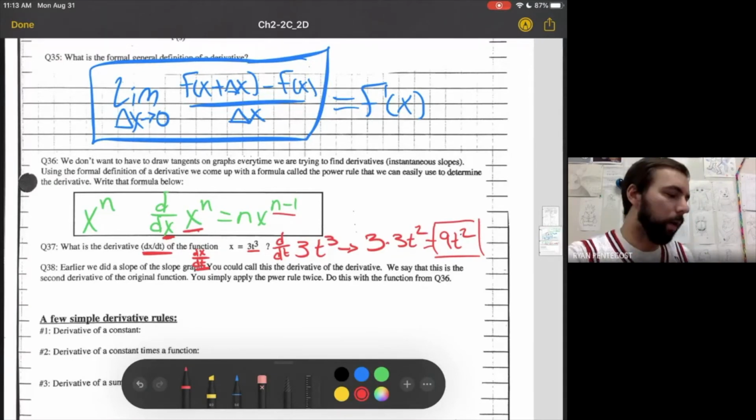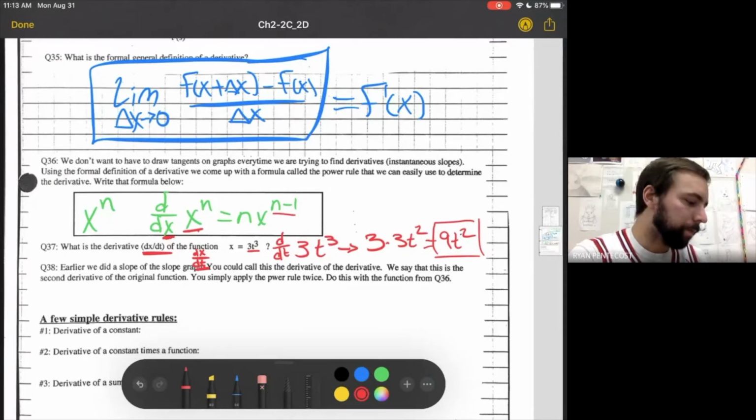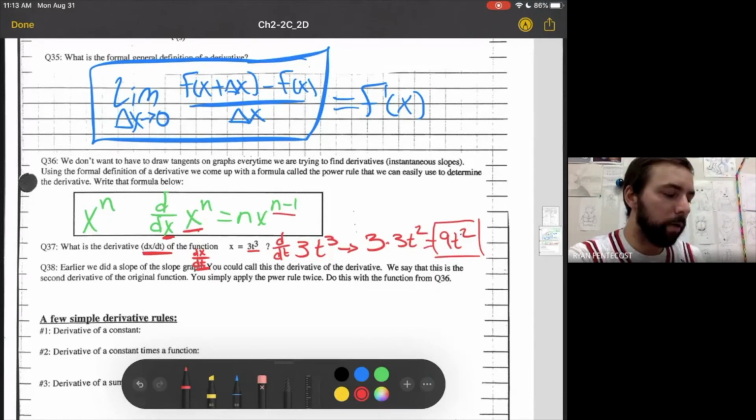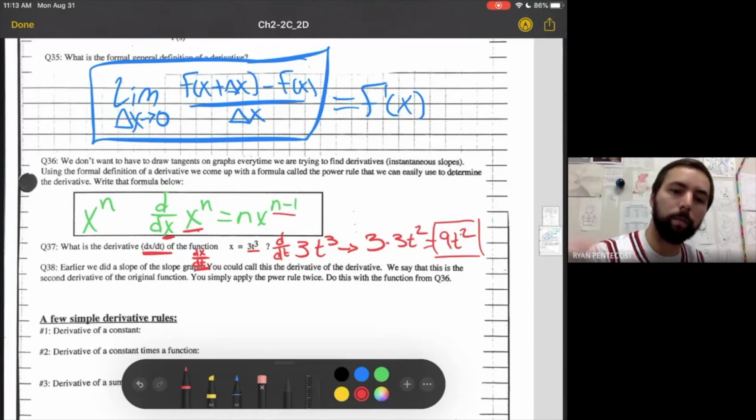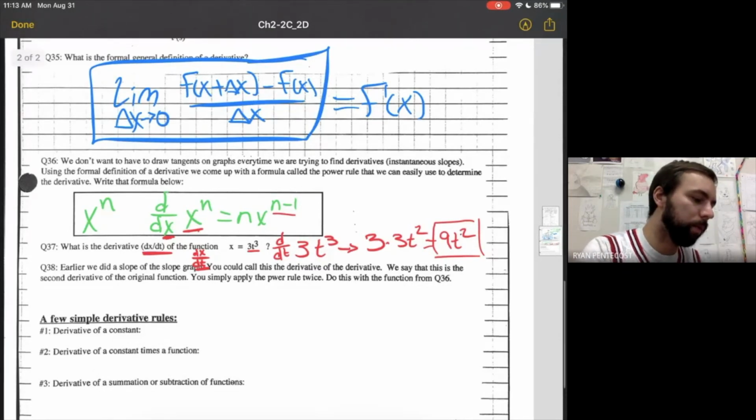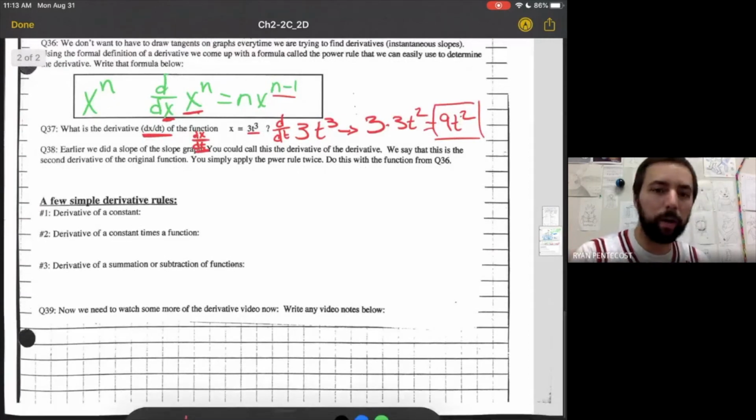When you take the power rule of a function, you will use the power rule on each individual term. That's the word I wanted. You will take the derivative of each individual term and then combine them back into the function. So hopefully we have some examples, and if not, I'll make up an example on the spot.